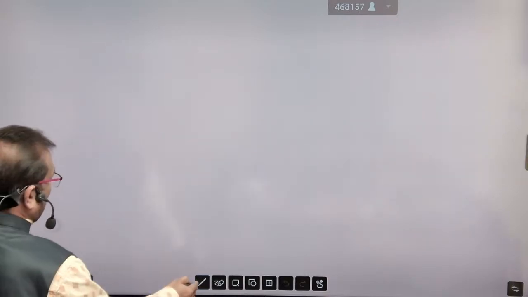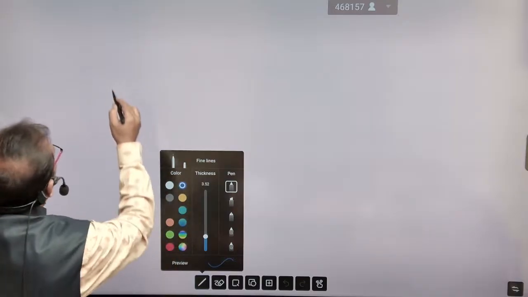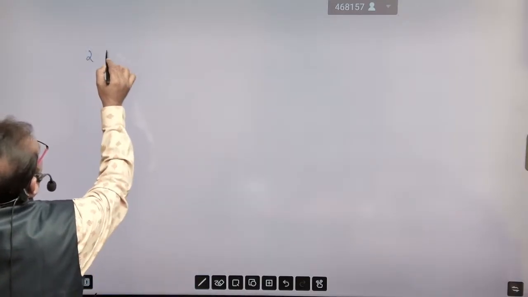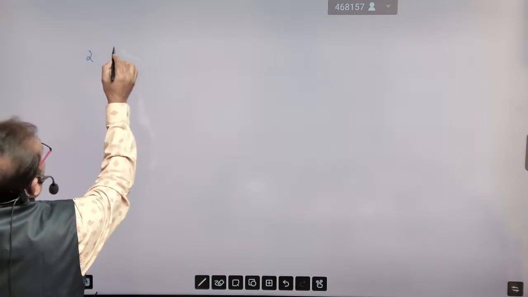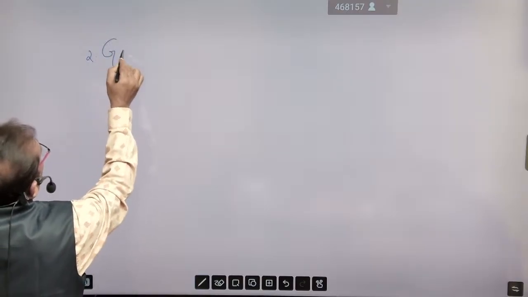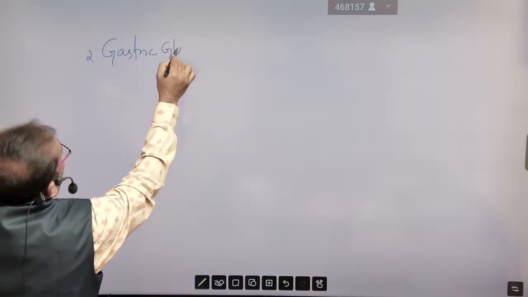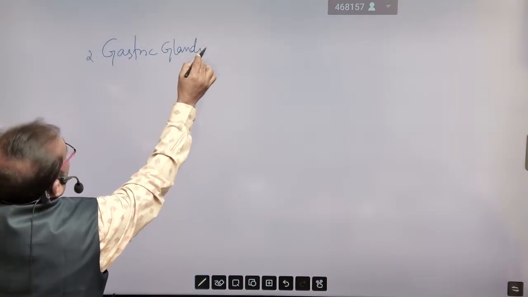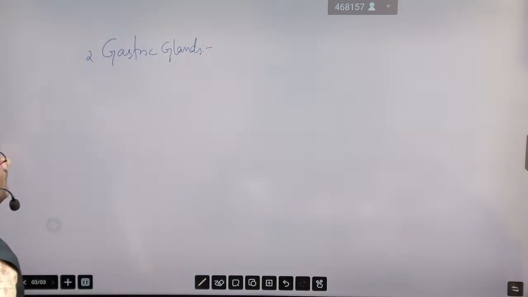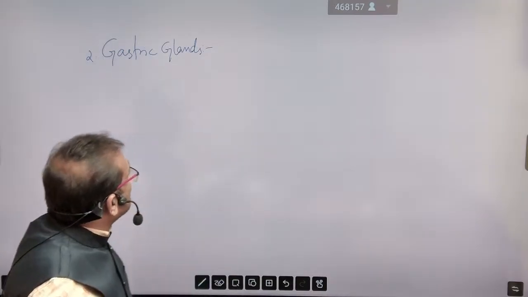So the second type of glands are those within the alimentary canal, the gastric glands. Within the alimentary canal, the glands are called gastric glands.